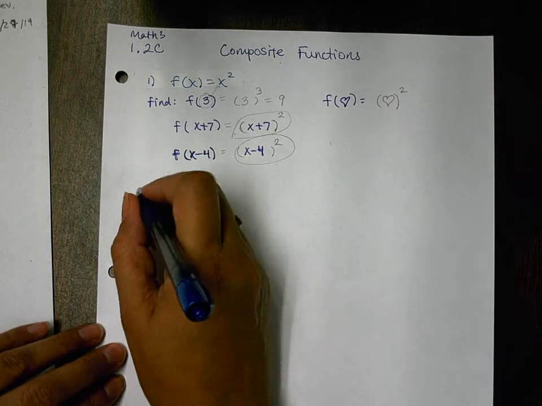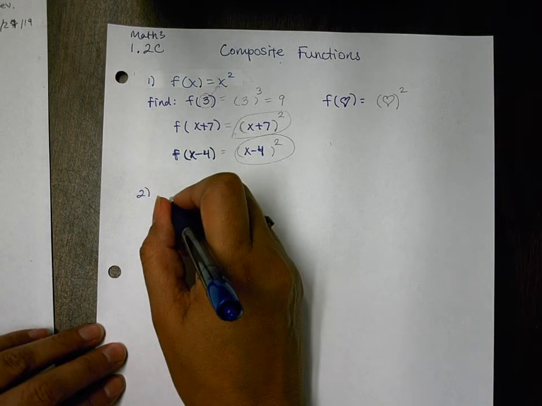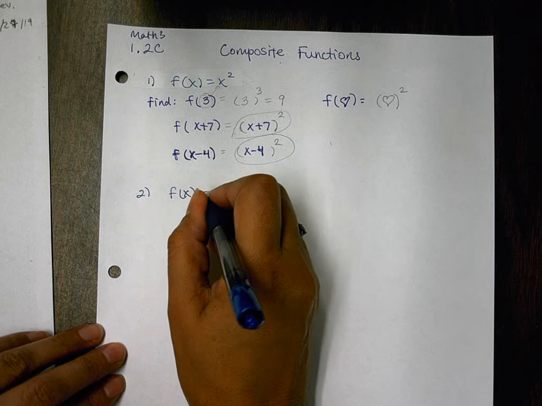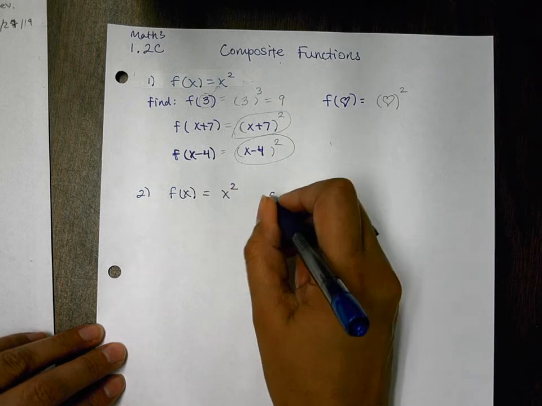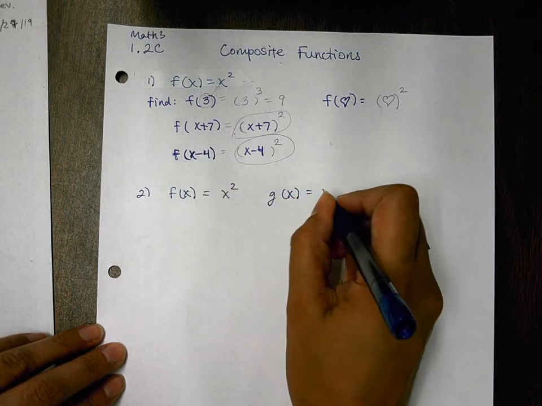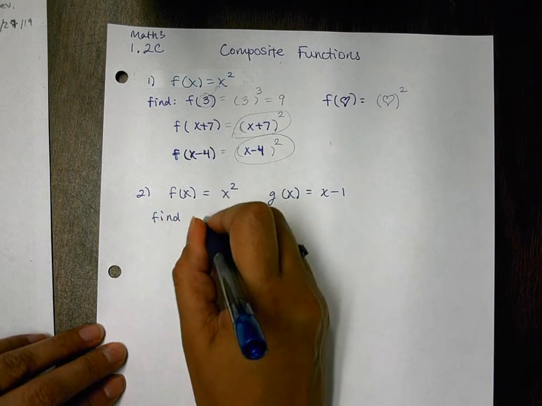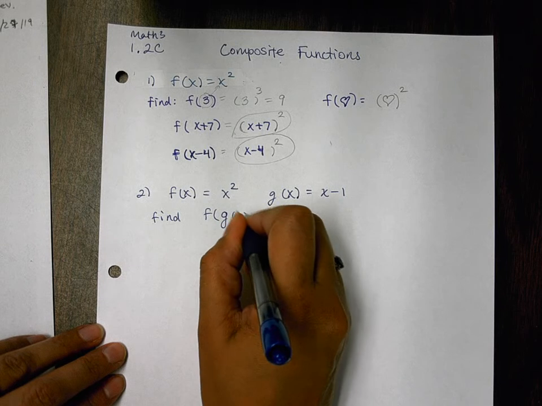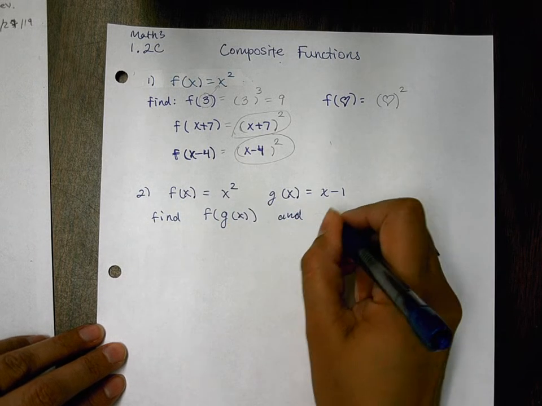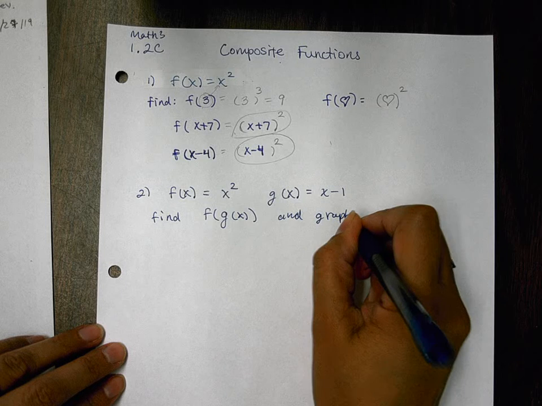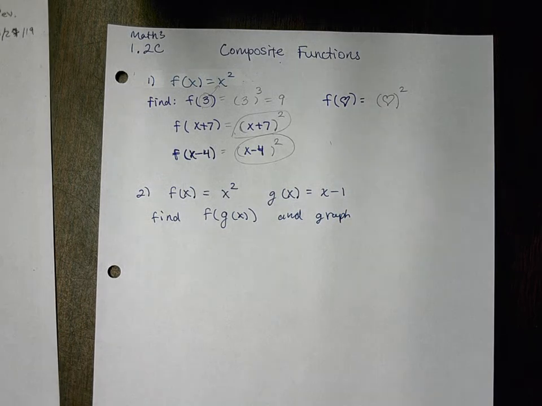Okay, so what if I give you something like this? f of x equals x squared and g of x equals x minus 1. I'd like you to find f of g of x and graph. What does that mean?